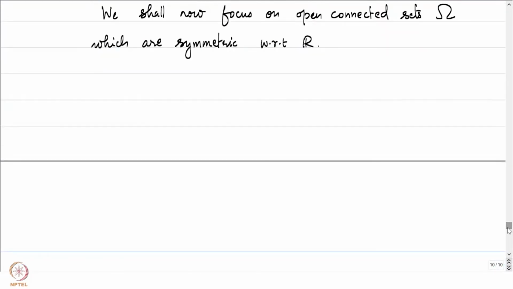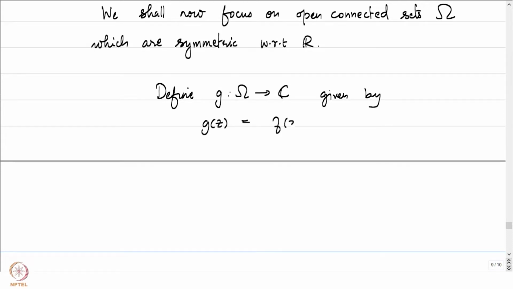Now, in this scenario, let us define a function g from omega to C given by g of z equal to f of z minus f star of z. So, f star of z is the conjugate of f of z bar. f star is defined on omega bar, which is omega here.